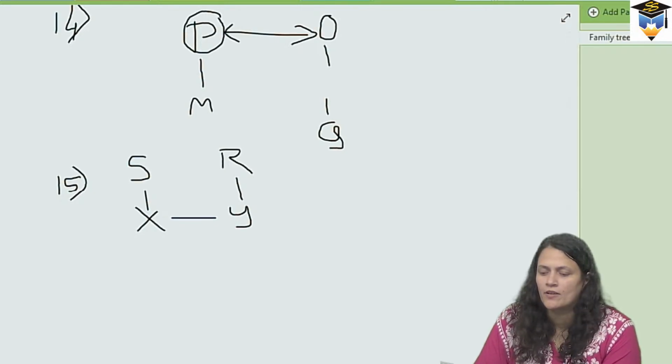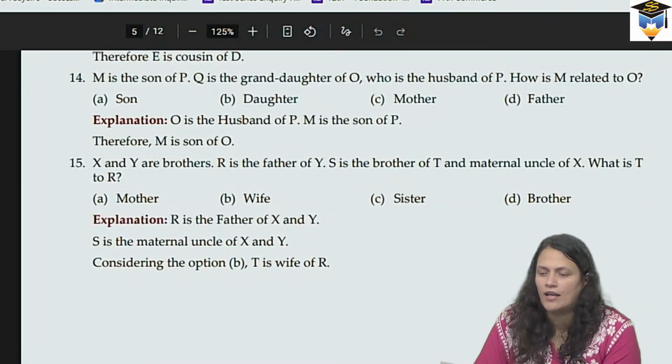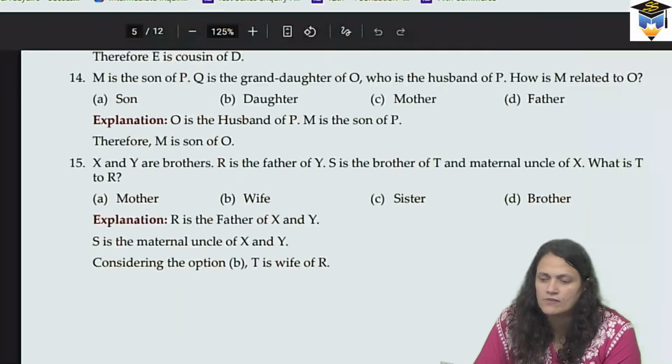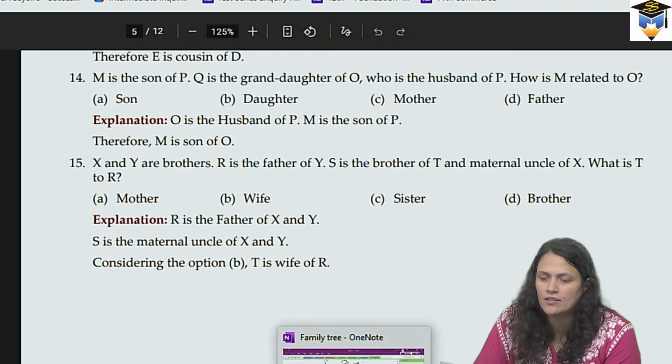Correct. And S is the brother of T. So T is somewhere over here. What is T to R?